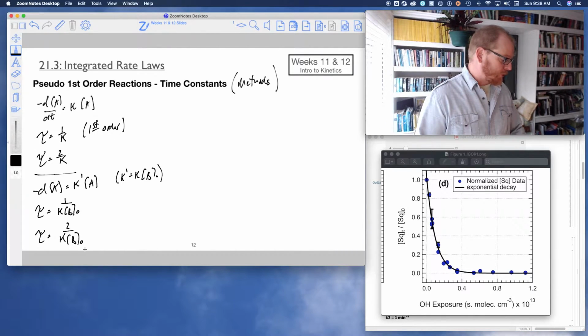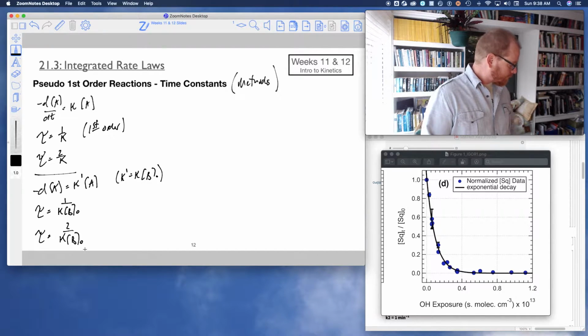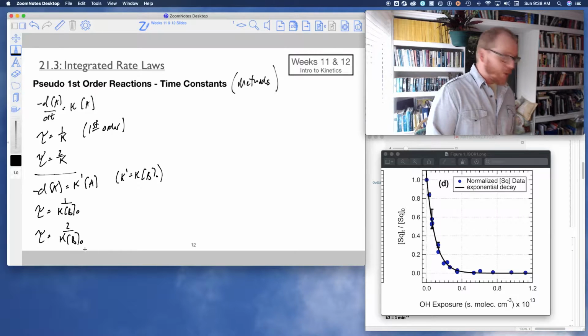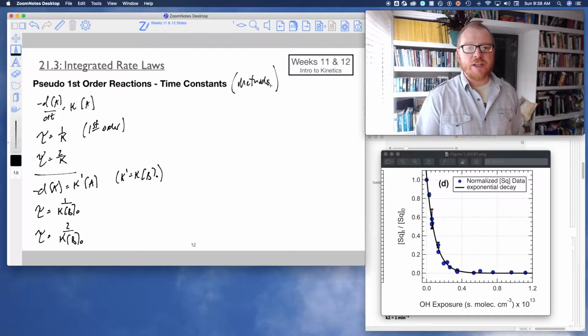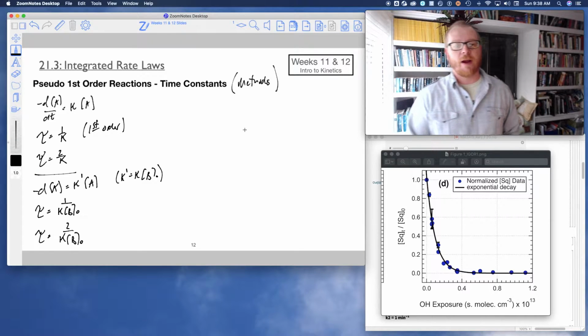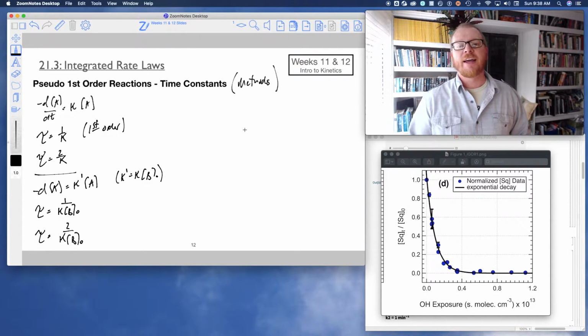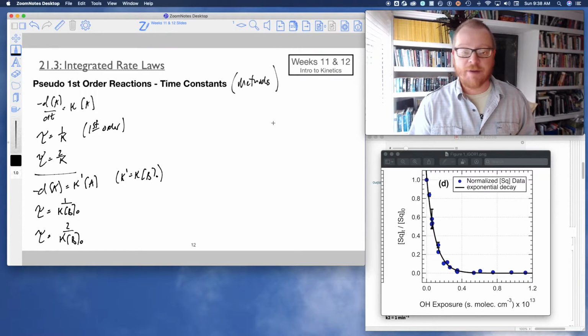Okay? So now how do we do these experiments? How do we do these exposure experiments? I'm just going to do this very briefly. I could spend a whole lecture on this, but essentially the easiest way to do one of these exposure experiments is to hold time constant.